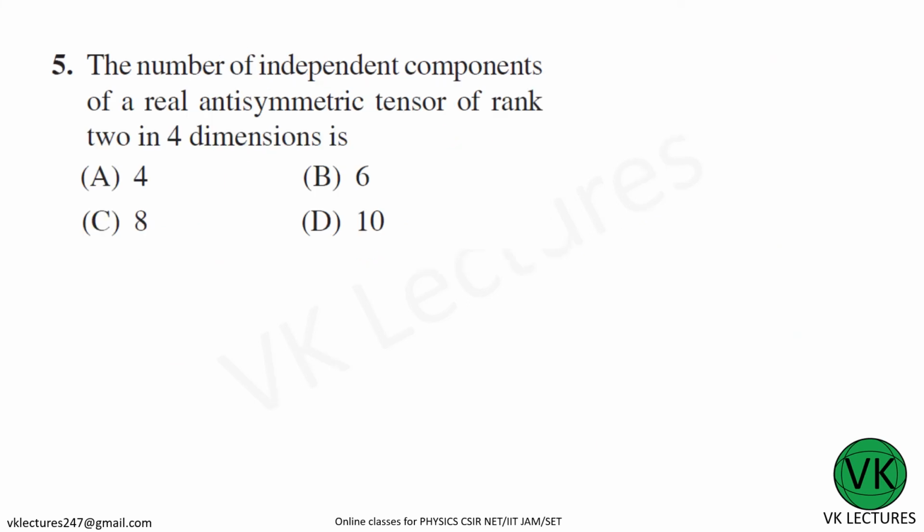The number of independent components of a real anti-symmetric tensor of rank 2 in 4 dimensions. So you know this is a 4 by 4 matrix, and it is an anti-symmetric tensor. Anti-symmetric means all diagonal elements will be equal to 0.